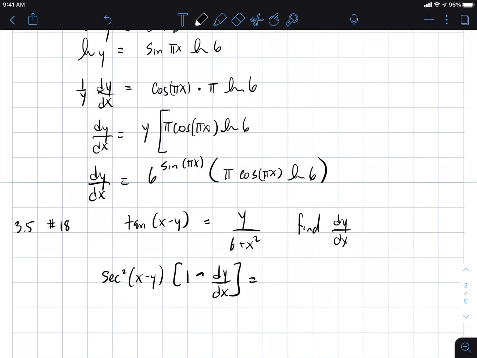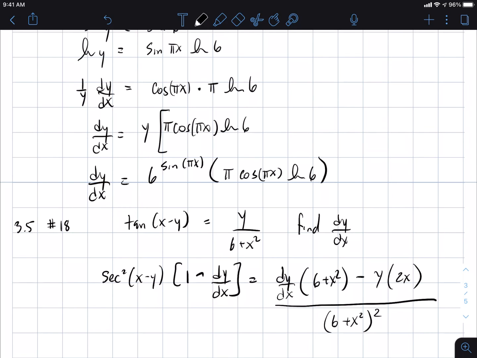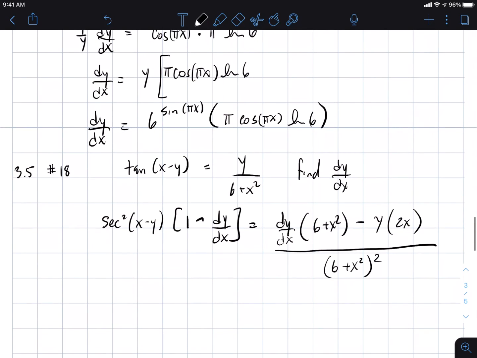So the derivative of y is dy dx times 6 plus x squared minus y times the derivative of 6 plus x squared, which is 2x, all over the denominator squared. Are we okay?